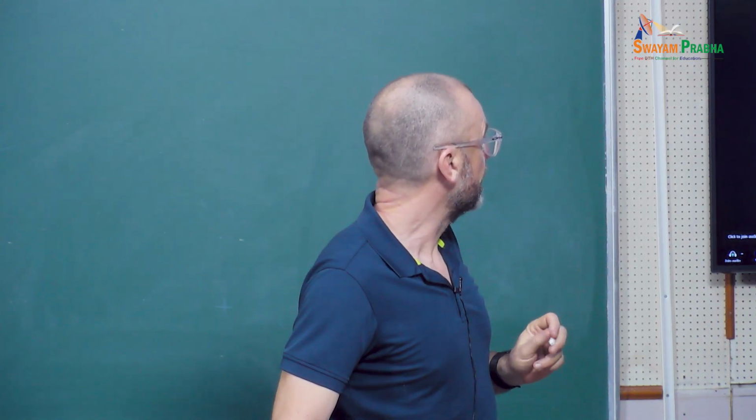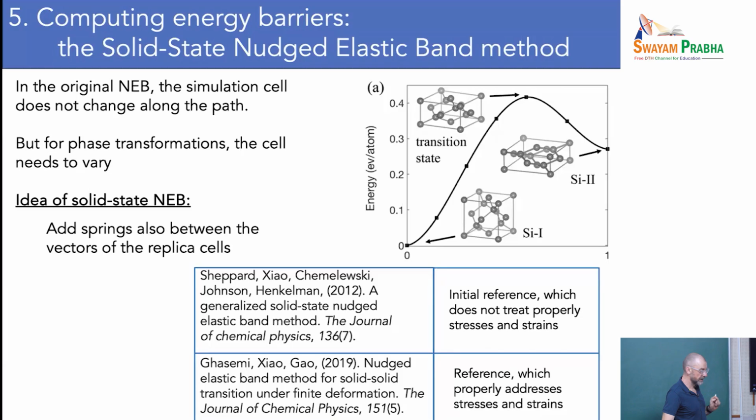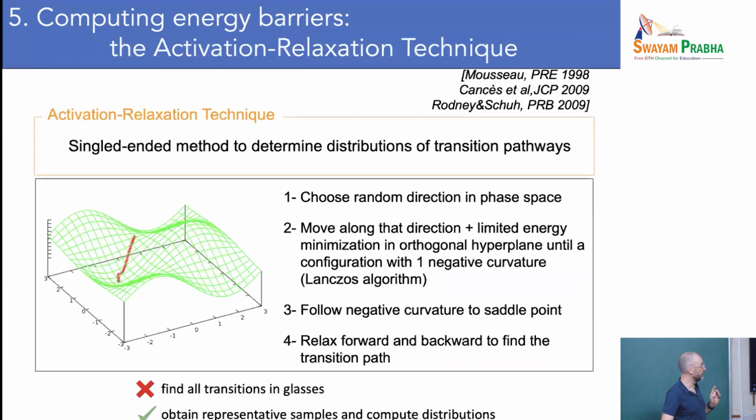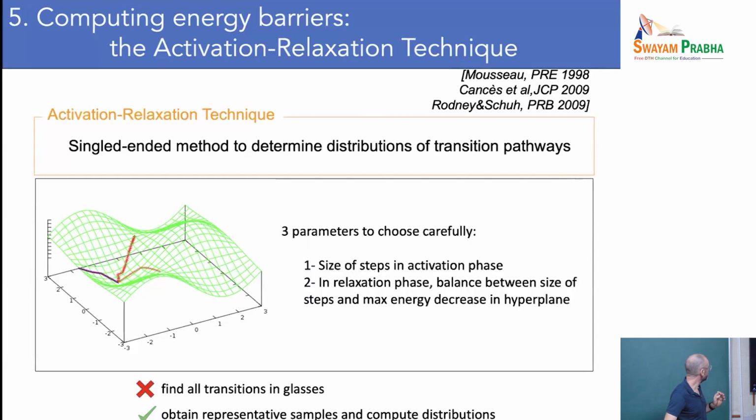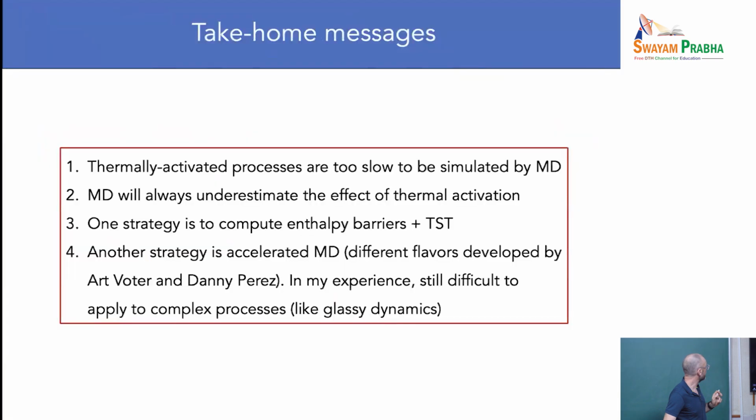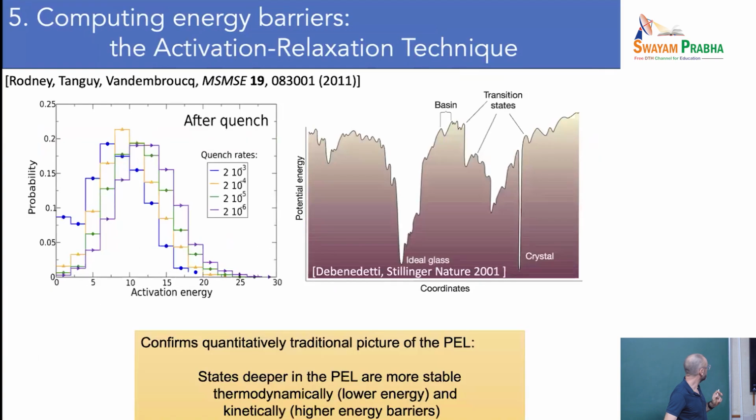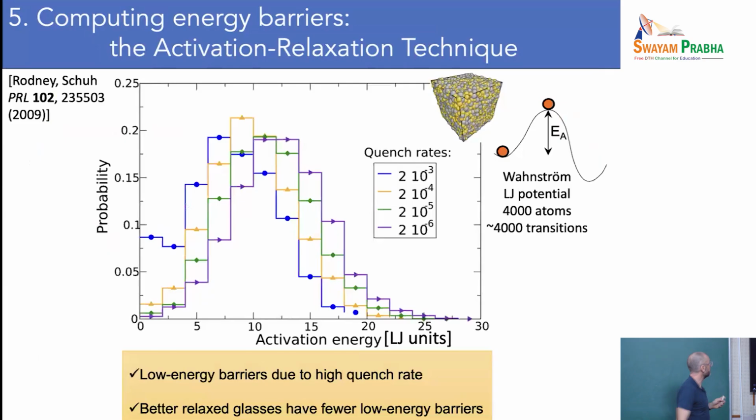Now there are cases where you don't know the final state beforehand. The typical case is a glass. If you take an amorphous configuration like this, imagine that you take an interatomic potential, you start from a liquid, you quench the liquid, your configuration will at some point become arrested, and this will be a glass.